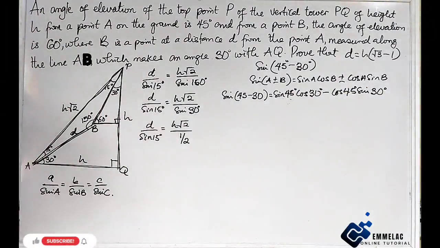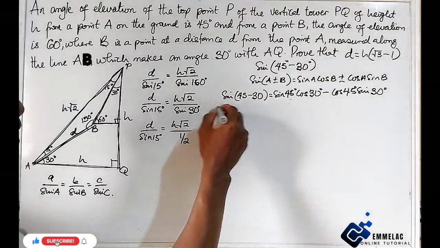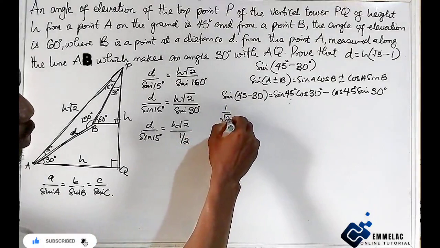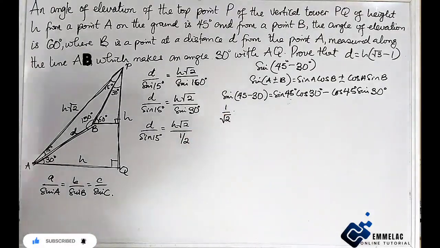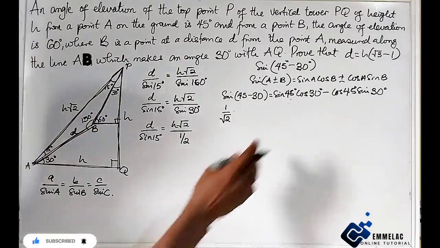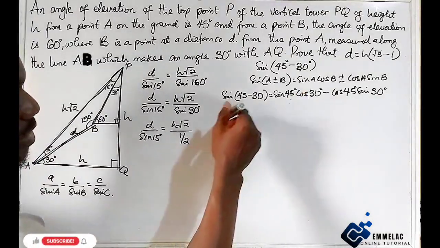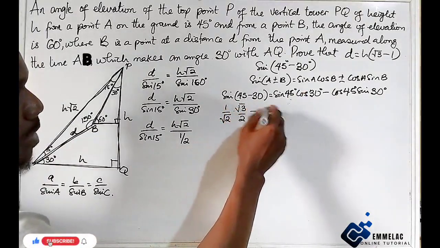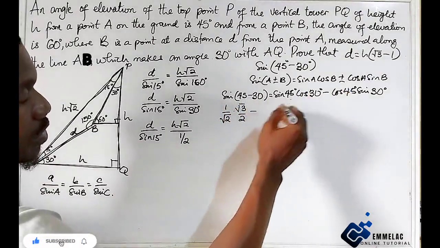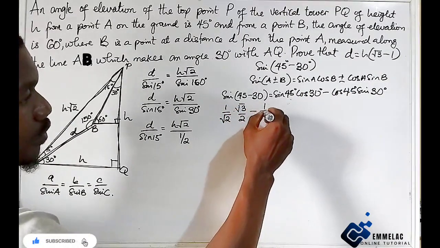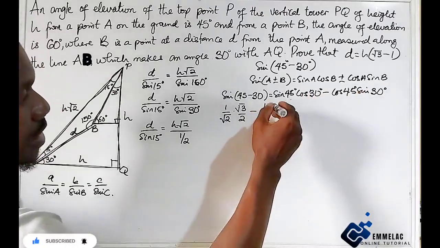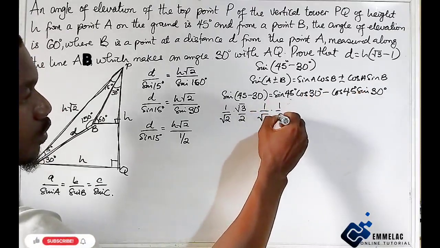Now we know that sine 45 equals 1 over root 2, times cos 30, which is root 3 over 2, minus cos 45, which is 1 over root 2, times sine 30, which is 1 over 2.